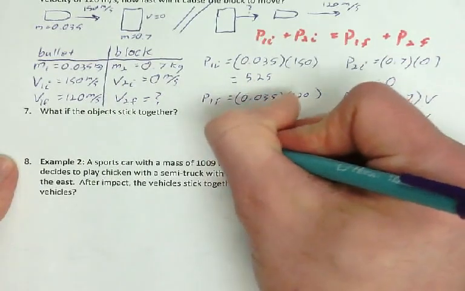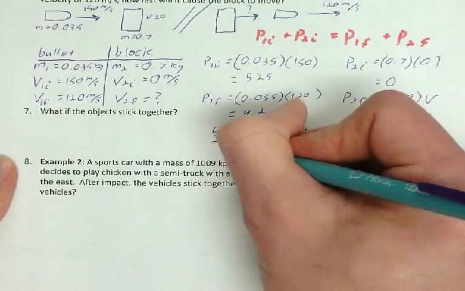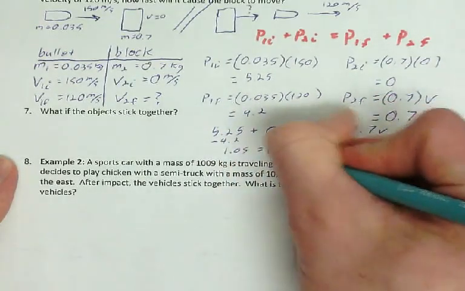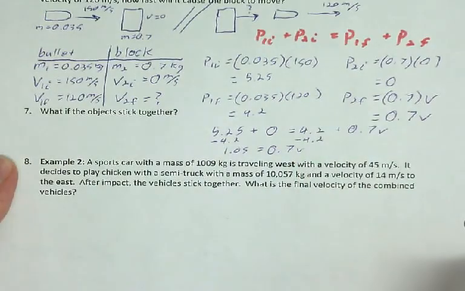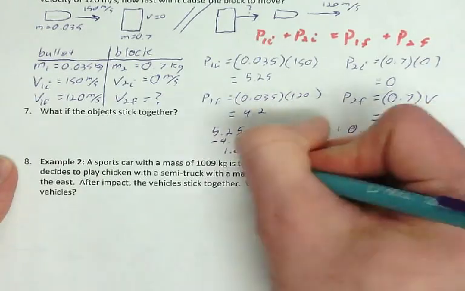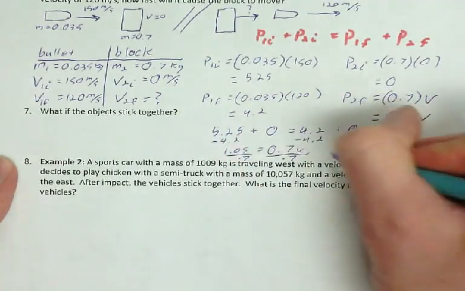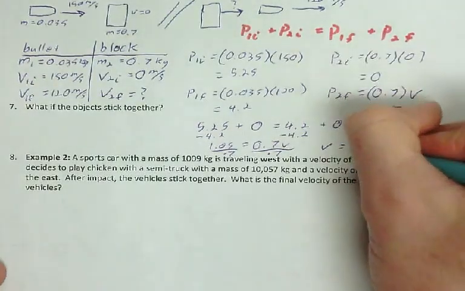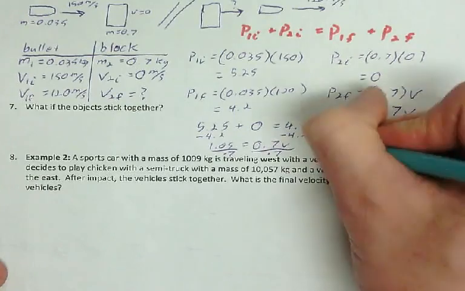I'm going to write a little small here because I'm running out of space. So 1.05 equals 0.7 V. We're going to divide both sides by 0.7. And we get 1.5 for the velocity.